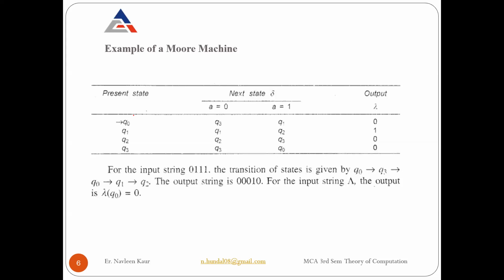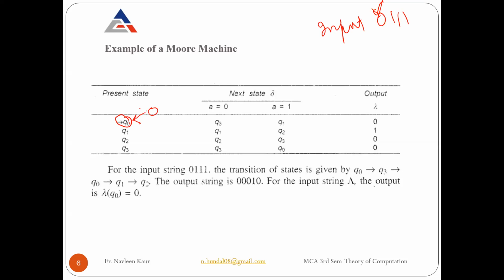So you always start from your starting state Q0. And what is the input? The input you got is 0111. First I will process this 0. The first input will go to the starting state Q0. It means Q0 got 0.